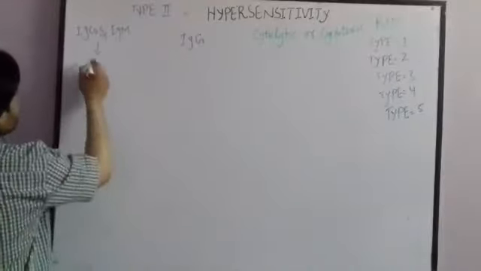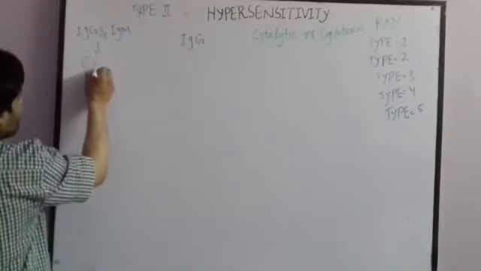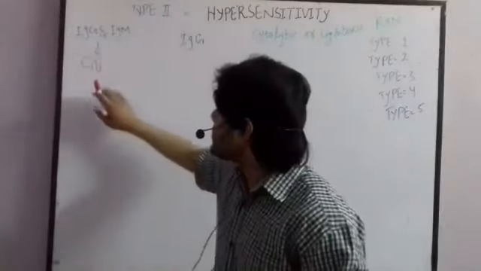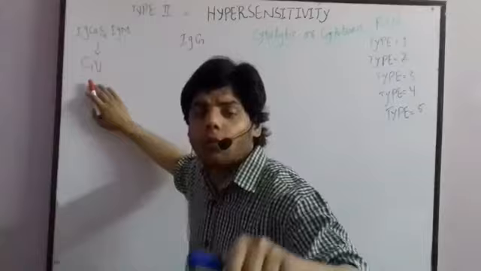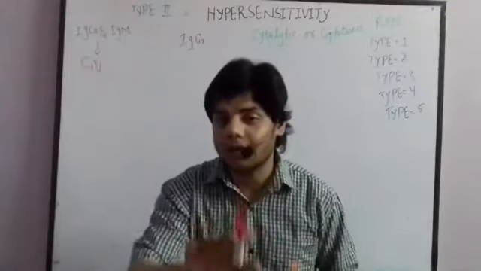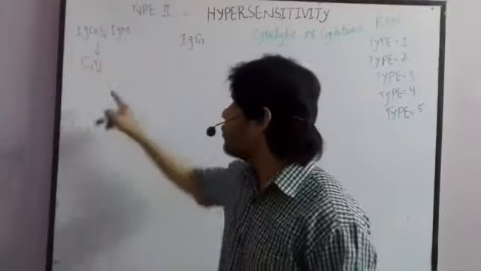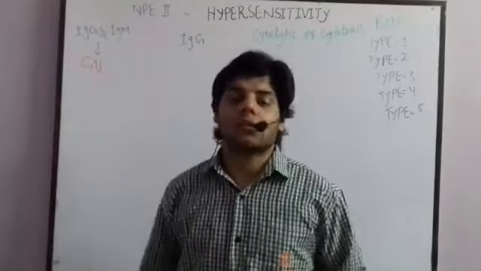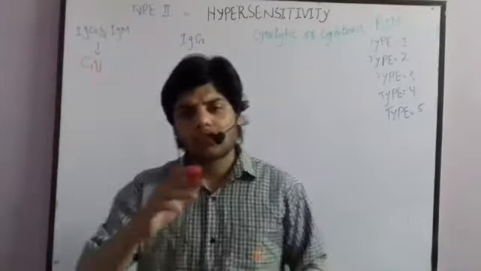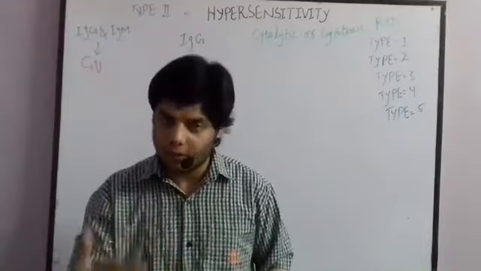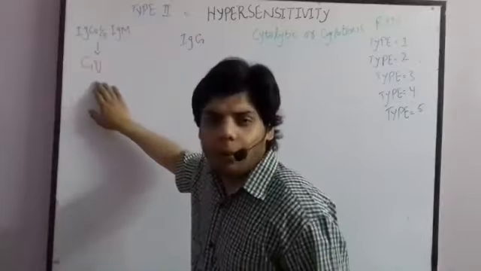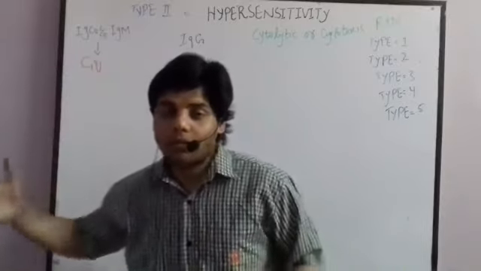So let me write C1q proteins. What are these C1q proteins? They are proteins which are usually involved in the complement system. If you don't know about the complement system, inshallah, I will explain it in much more detail, so don't worry about that.